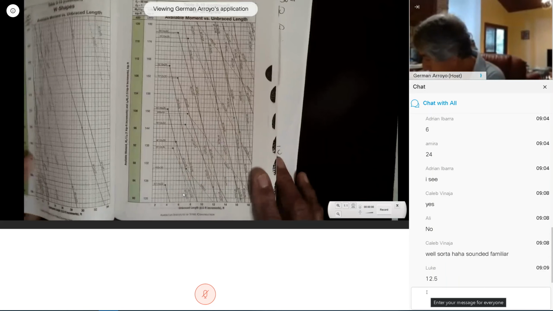You go to the right and above. The very first solid line that you find is the lightest section. So I'm going to repeat again. You go with your unbraced length and with the MU, and from here you go to the right and above.